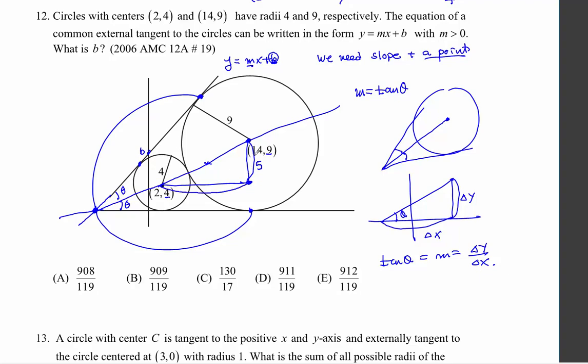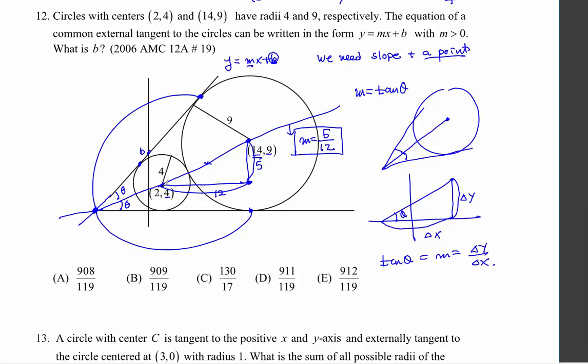This length is 14 minus 2, which is 12. Slope is 5 over 12. But we learned this one, so now do it this way. Using this one, we're going to find this point first. What is the equation of this line?